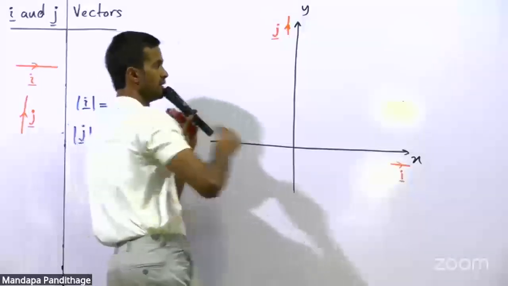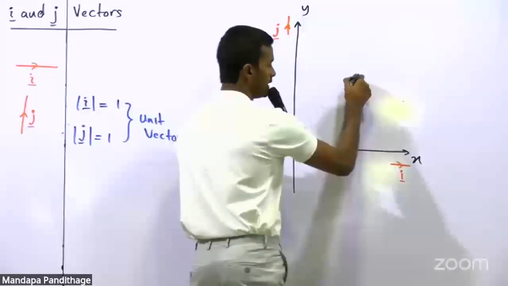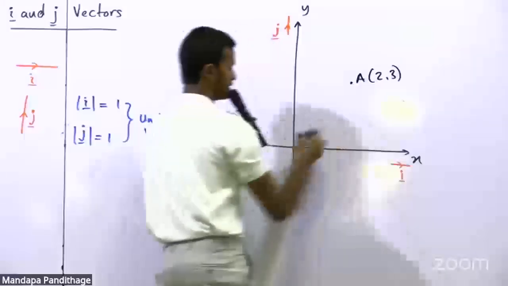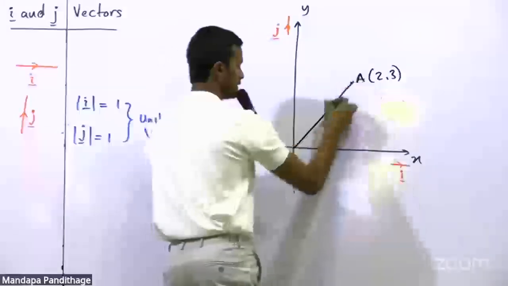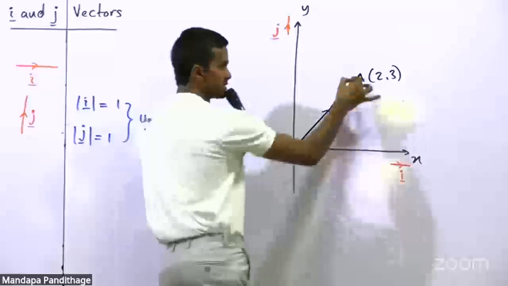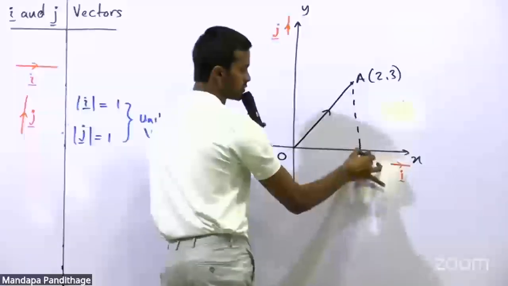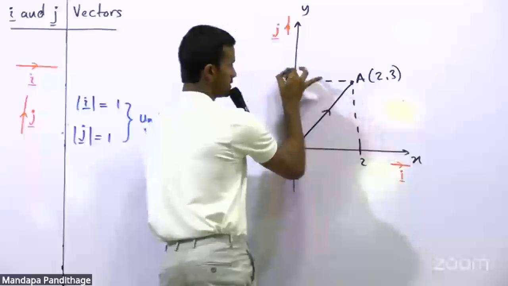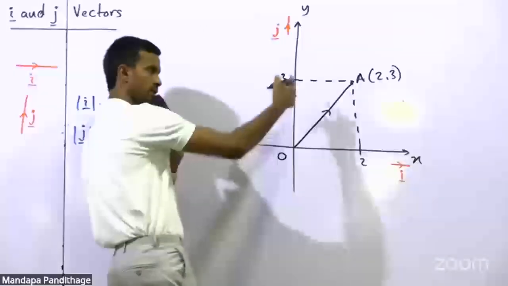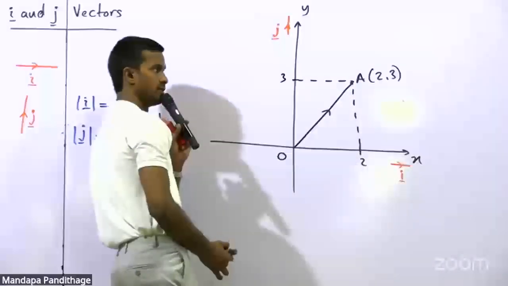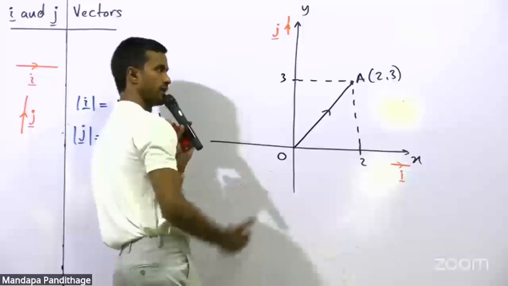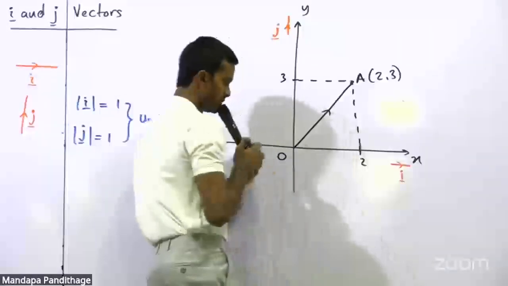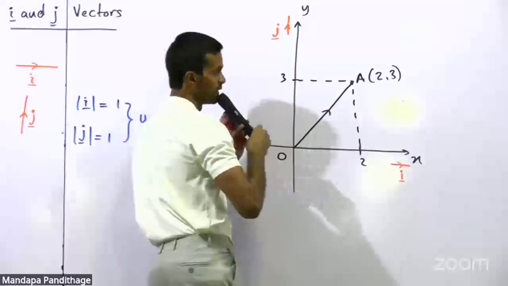We have a point A with the coordinates 2 and 3, which means the x value is 2 and the y value is 3. I need to write the position vector of A, which is OA. So it's clear according to this diagram, how can I write this OA?